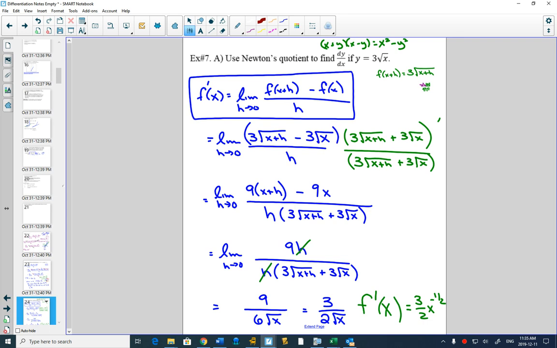Can you believe, first of all, are you okay with the square root of x being x to the half? And if it's on the bottom, I can move it back to the top by making it x to the negative half. The amount of time it took me to write that down will be the same amount of time that I will teach you so that you can do it that fast.